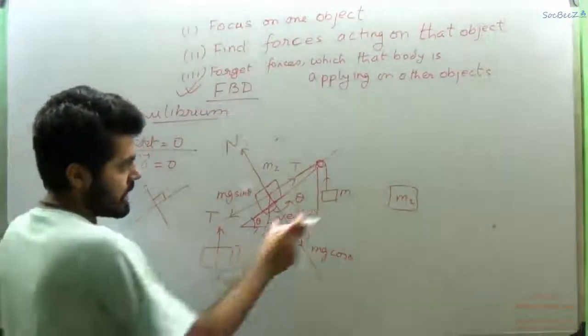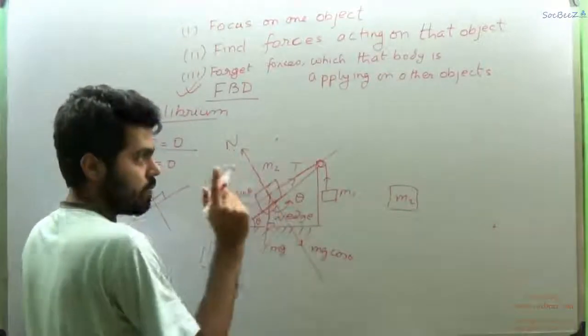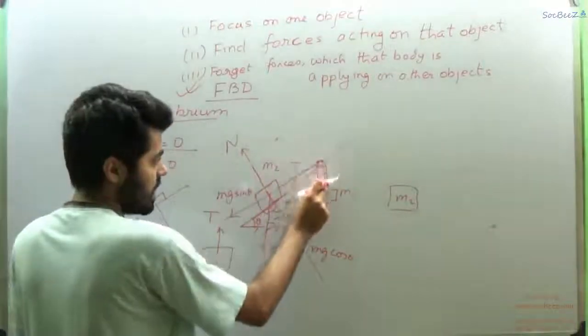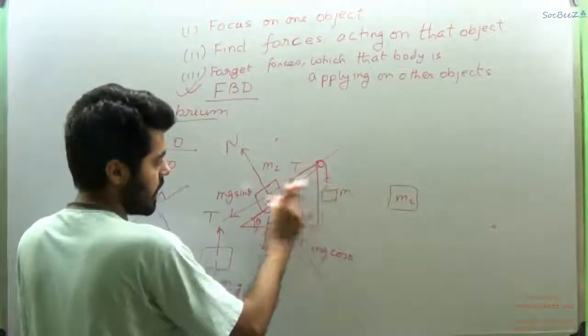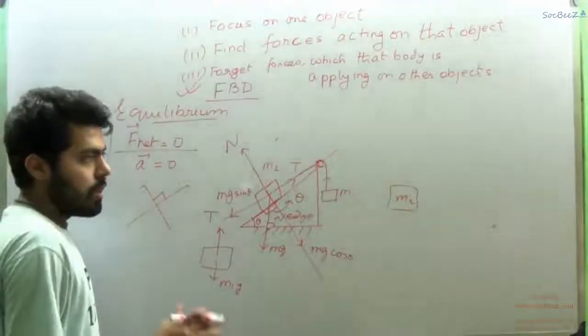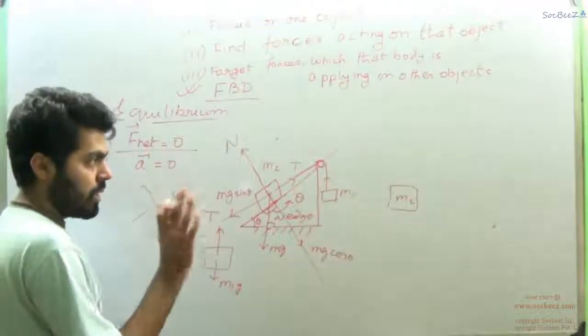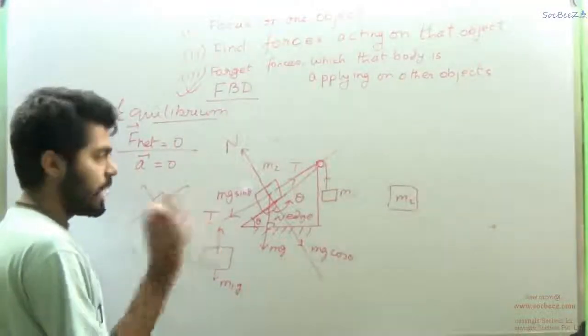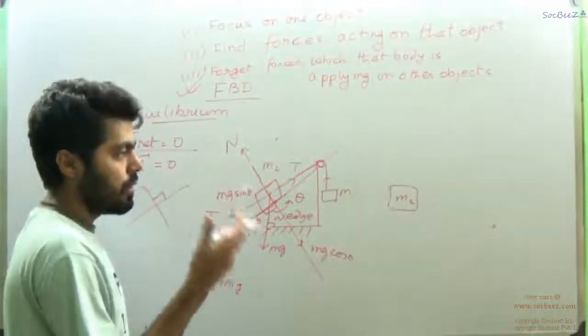It's pretty obvious that if M1 is fixed, M2 has to be fixed, because of the assumption that the string length is not going to change. If one end of the string is fixed, the other end has to be fixed.